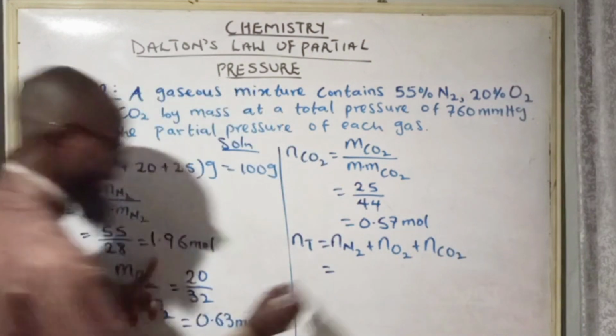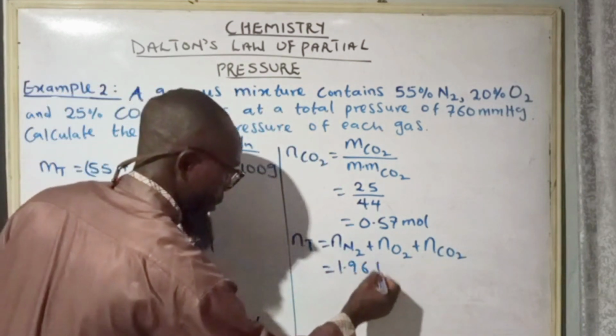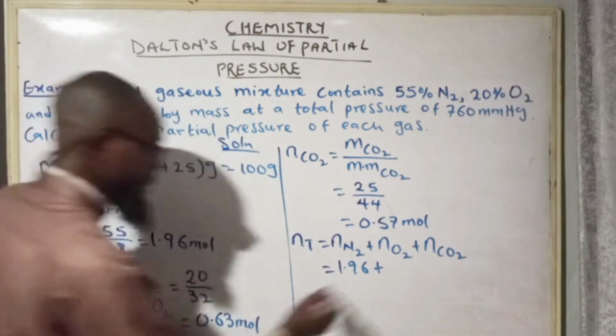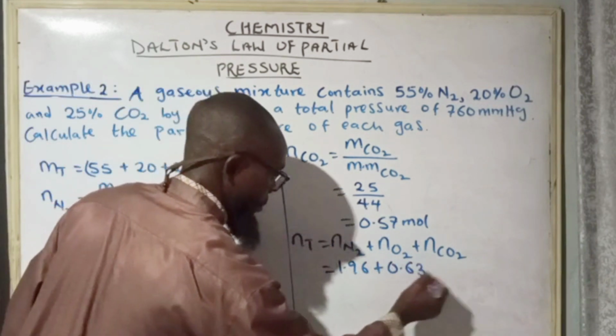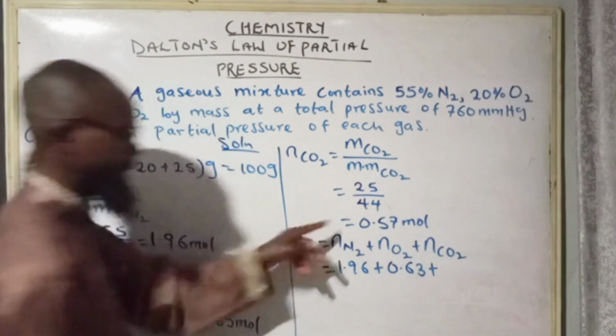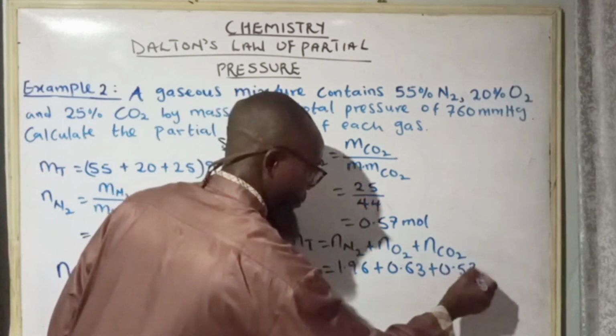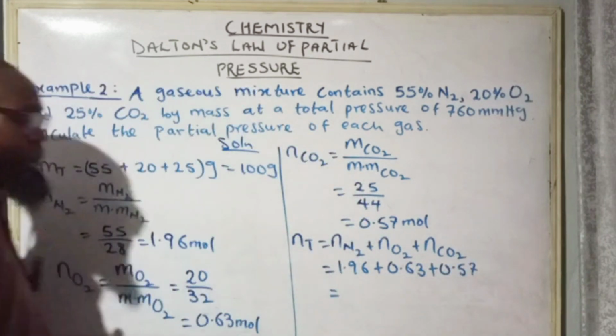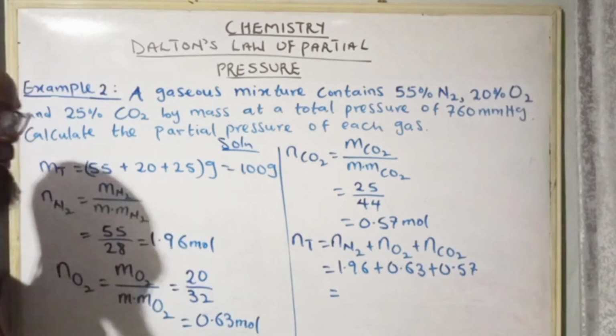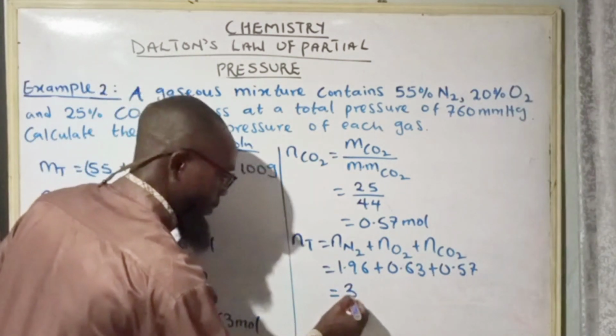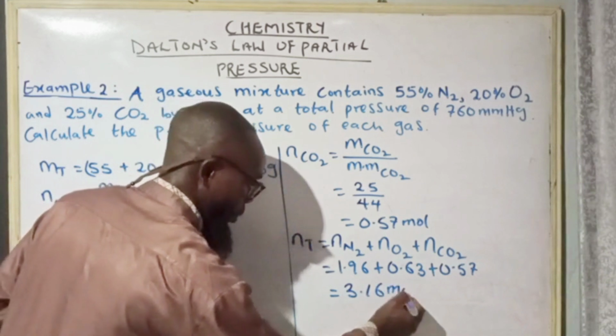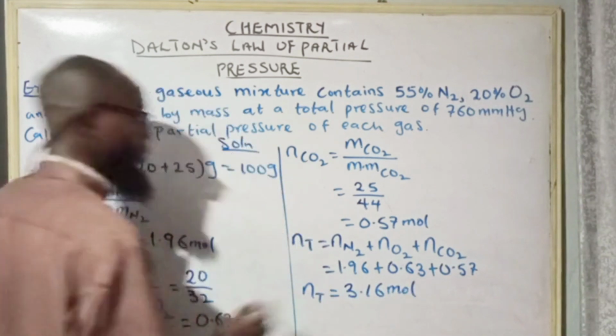Nitrogen 1.96, oxygen 0.63, carbon dioxide 0.57. Let us sum it up and tell me what we have. 3.16 mole. So this is the total number of moles.